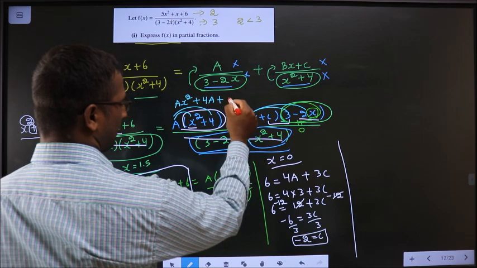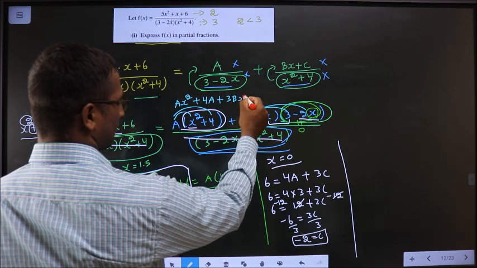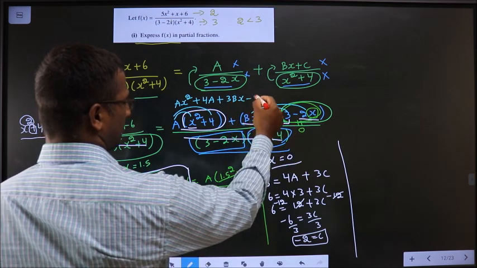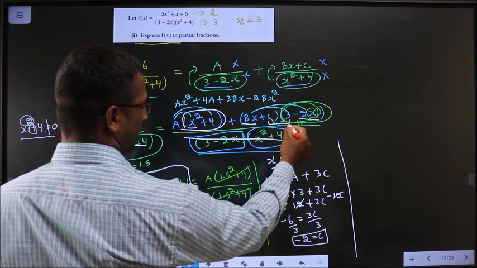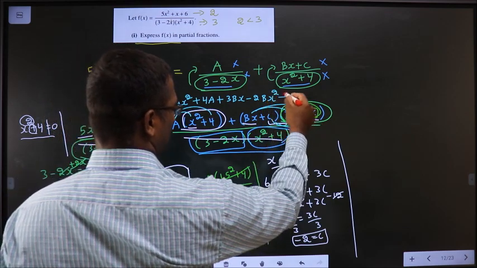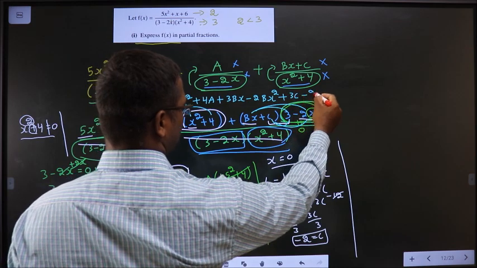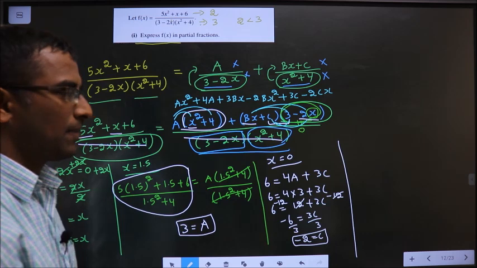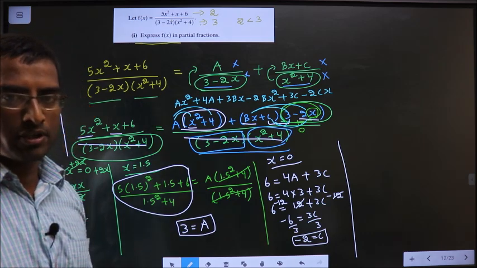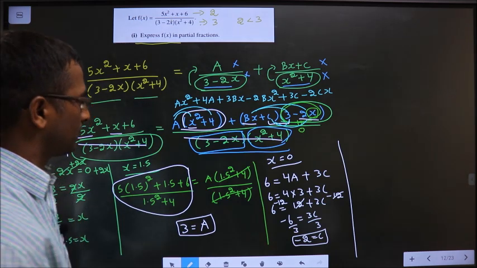What do I get? 3bx minus 2bx square. Next with c, plus 3c minus 2cx.